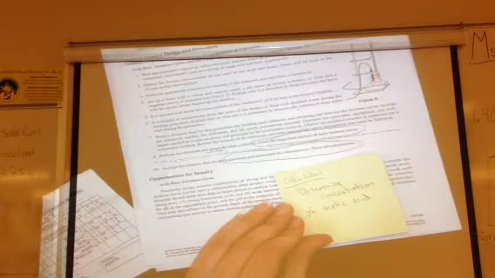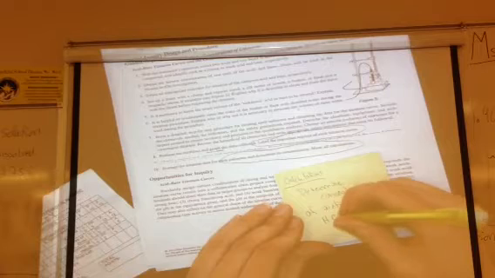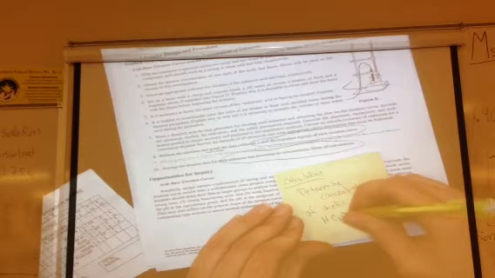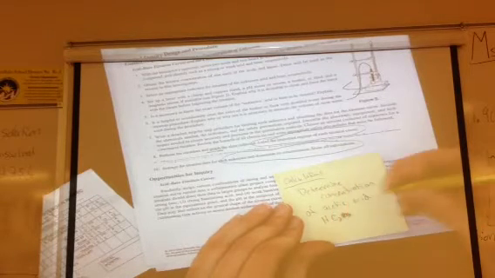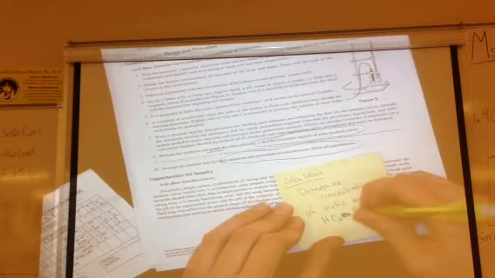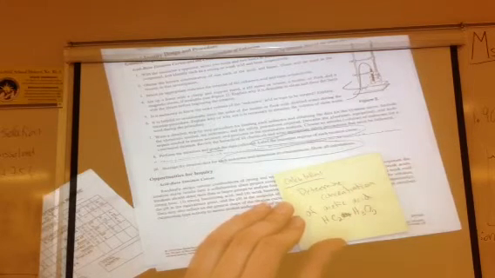Determine the concentration of acetic acid. Acetic acid is HC2H3O2. That's acetic acid.